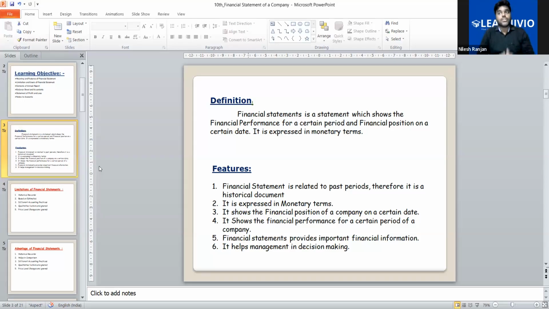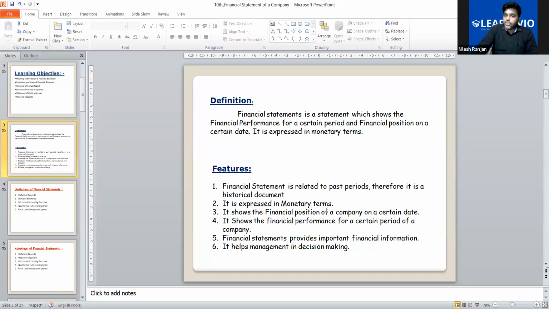Quality cannot be measured in monetary terms. So there are certain things in the business which cannot be measured in monetary terms, and that's why we never record them. Is this clear? Yes. Okay, so it is expressed in monetary terms, and only financial items are recorded.